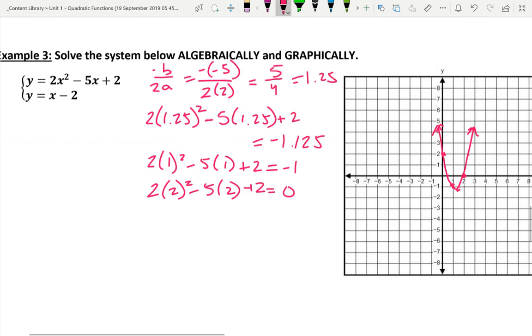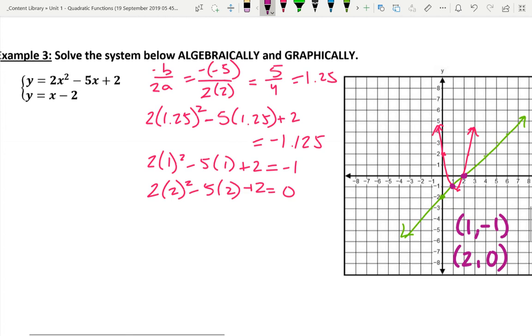And then having a line x minus 2, I have my y-intercept of -2, going up 1, right 1. And I'm going to graph that carefully. So it looks to me like my solutions might be 1, -1, and 2, 0.